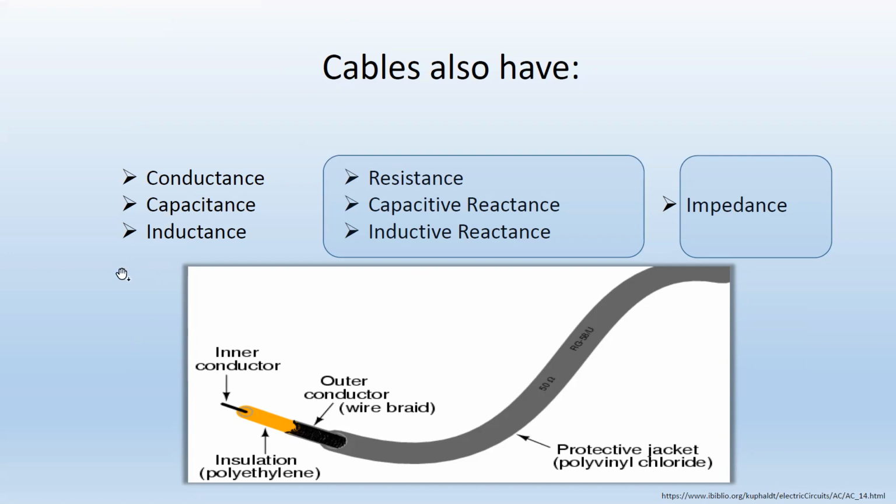So if it's a capacitor, the dominant quality is going to be capacitance. And it's going to have a little bit of inductance because we just can't escape it, but it's going to be so little, so insignificant, that we can just say that it's zero, but it's still going to have a tiny bit of it, right? And it's going to have conductance, it's going to have resistance. If it has capacitance, it will have capacitive reactance, and it has inductive reactance, right? And because it has all three, it will have impedance, right?